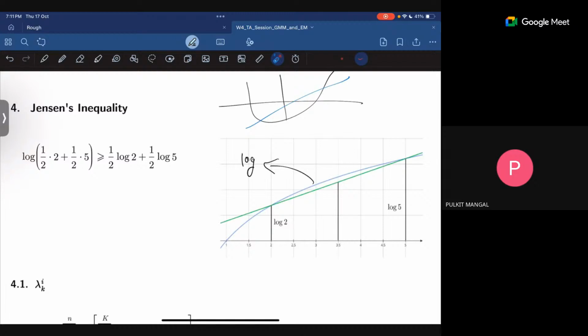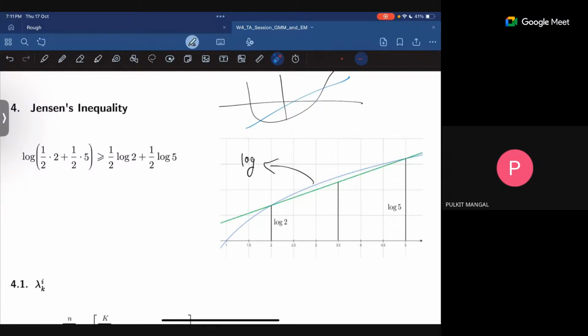If you join them with a straight line, it will always lie above the curve, only between the region of those points. If this happens, it is a convex function. But if the straight line joining those points lies below the curve, it is a concave function.